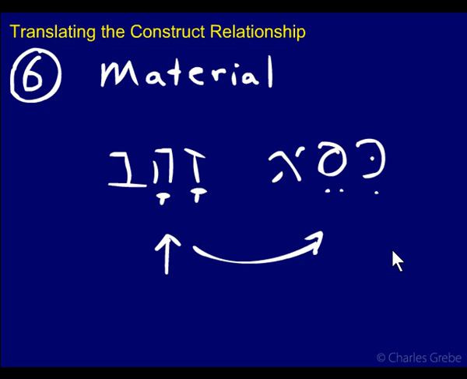Now really, if you think about it, this is a subset of what we just dealt with, the attributive. If you had holy here, and you had, what did we have here? Mountain. We had holy mountain, or eternal covenant. This Zahav here is really functioning as an attribute as well, but it's more specific. It's an attribute that specifically talks about material.